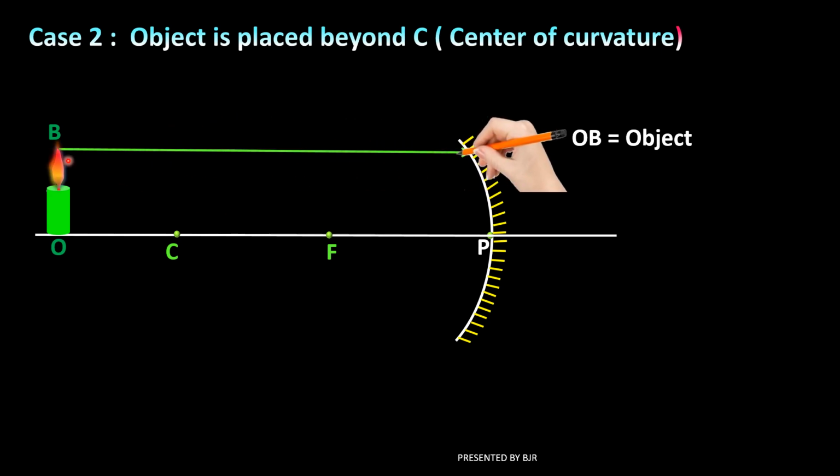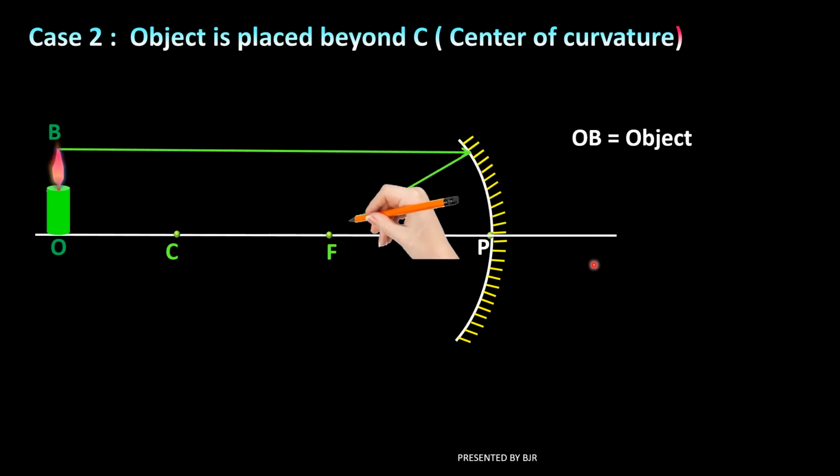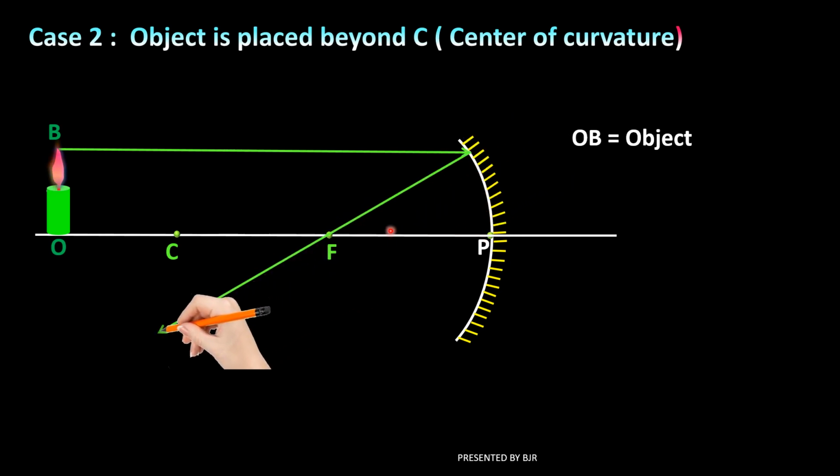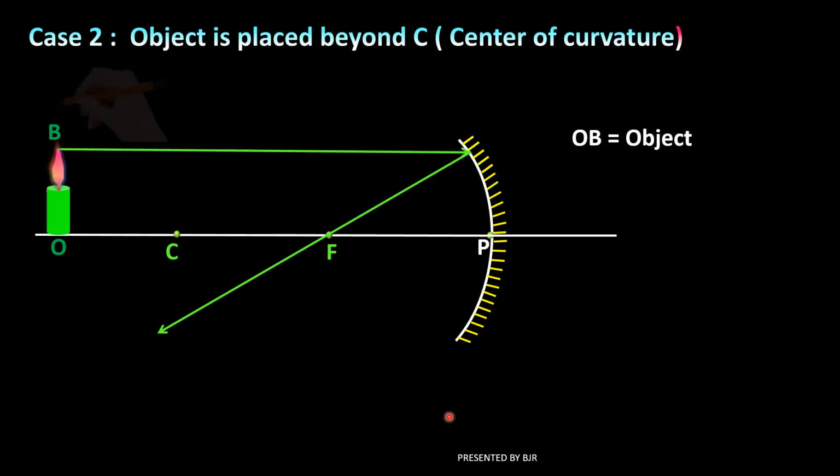It is traveling parallel to the principal axis and falling here, and it will get reflected, and the reflected ray will pass through the focal point. This is the first reflected ray. And just draw another reflected ray directly from the point B through C. That's all.